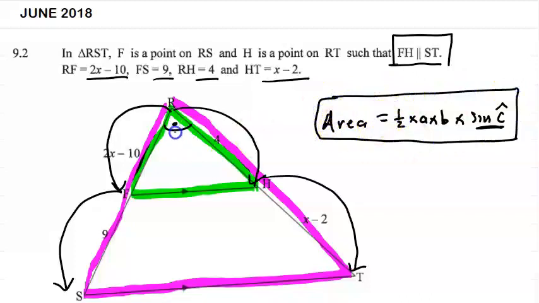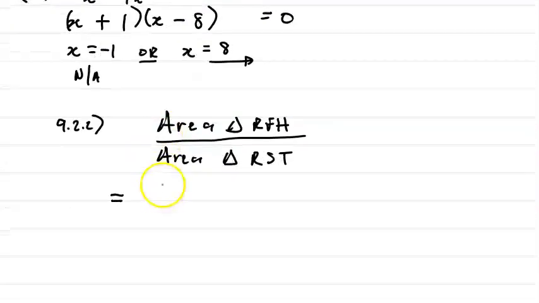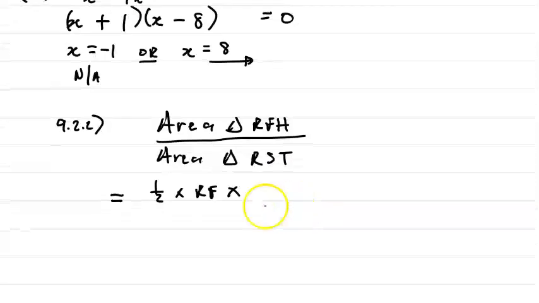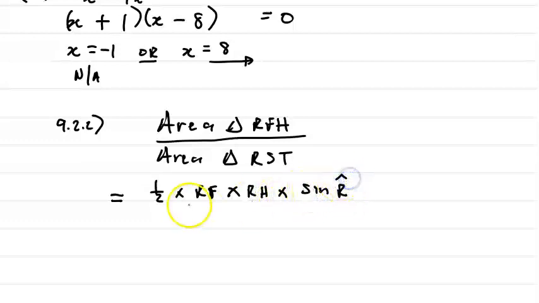So we're looking for two sides and an included angle. Therefore, it's going to be half times RF, which is the side here, times the other side is RH, times sine of R, which is our included angle.